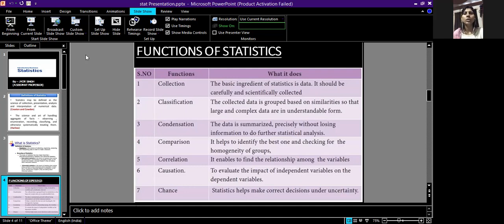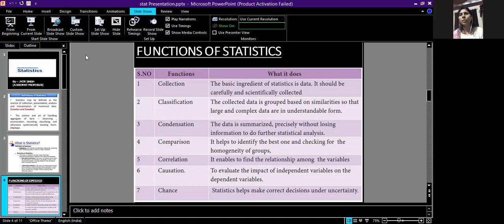The next is correlation. What is correlation actually? This correlation helps you to understand the relationship between the variables. Always some variables are present which affect each other. And the information you are collecting, for example, we have collected information regarding a product. So we are studying the demand of that product in the market. That can be understood only when you have the relevant data related to the customers.